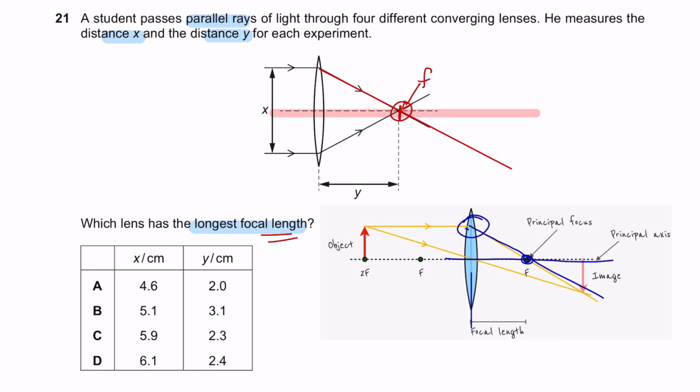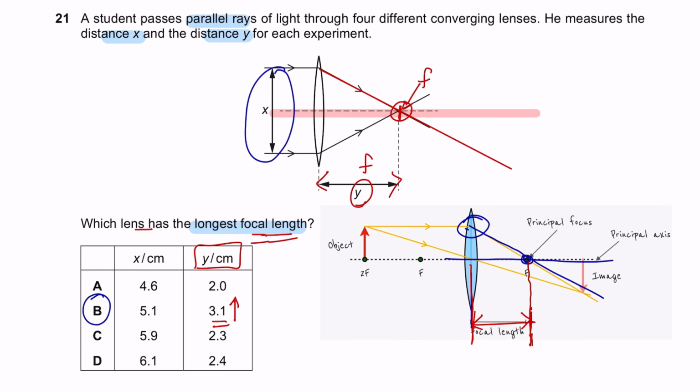And focal length is from the center of the lens until the focal point. So this here, your y, is the focal length. So we'll just look for the highest value of y, which is 3.1. So the answer here is B. Don't worry too much about x as it doesn't affect the decision for this question.